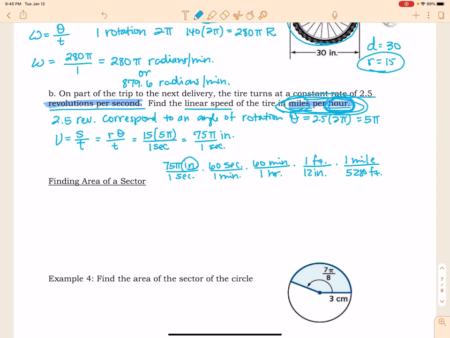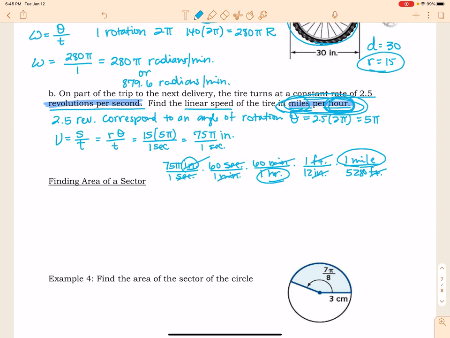Okay, so now it's just a matter of reducing my amounts in seconds and inches, etc. So watch what happens. The seconds go away, the minutes go away, the inches go away and the feet go away. So now I'm left with 1 hour and miles.